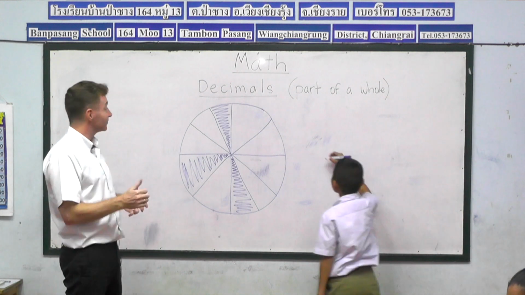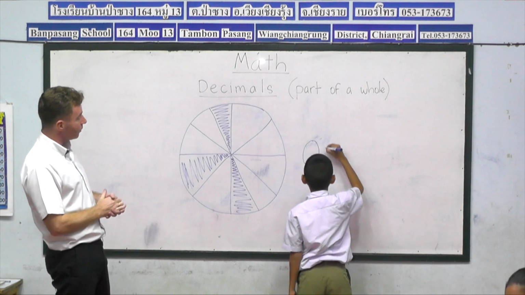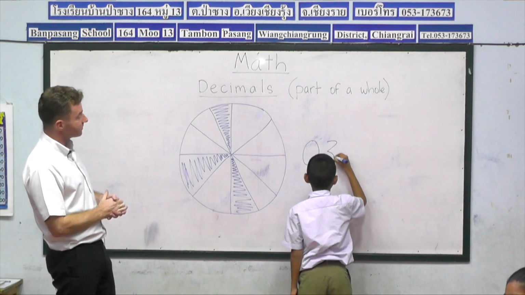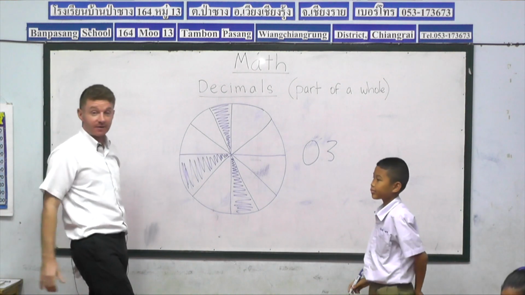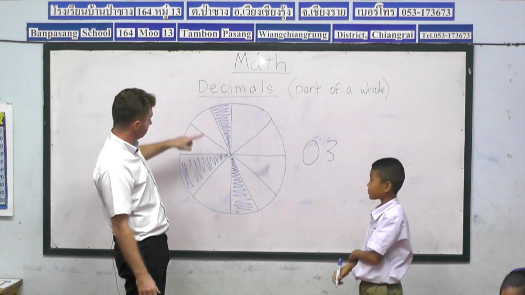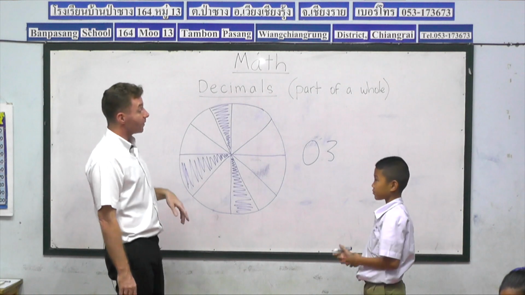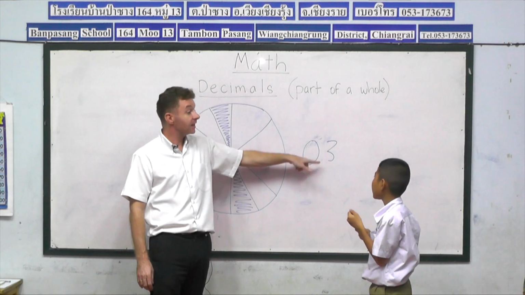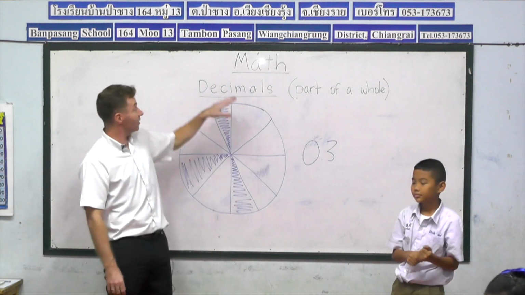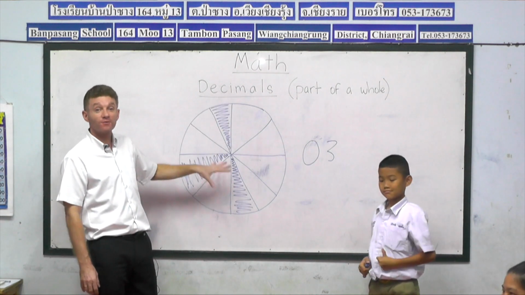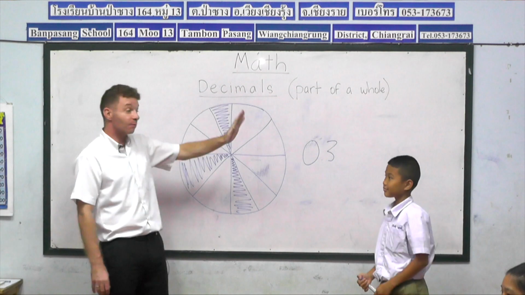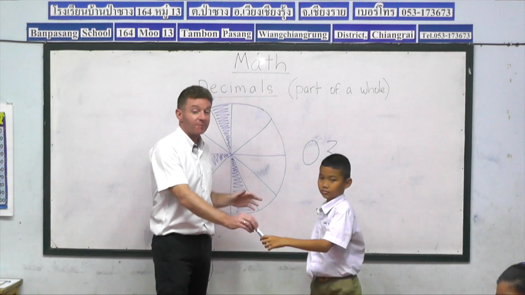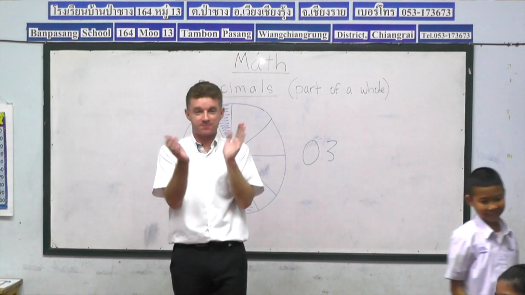Excellent, guys. So Pangpon, we've got 0, then our decimal point, and then 3. Perfect. Because we've got 1, 2, 3. So Pangpon, can you say 0.3 is our decimal of this part of the circle? Pangpon, that was excellent. High five and a big round of applause for Pangpon.